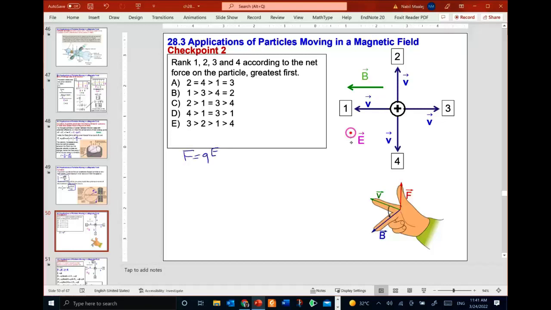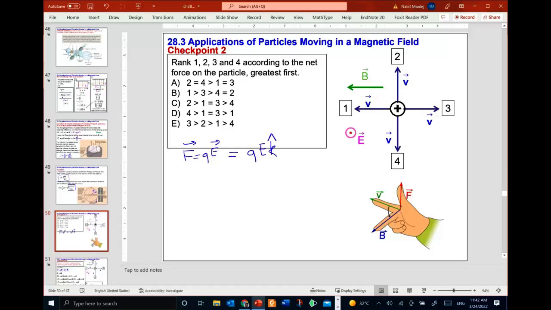Since it's a positive charge and the electric field is in the plus Z direction, I can write F equals Q, and E is the magnitude of E, times k. The electric field is outside the page, so it's plus Z direction, so it's k.